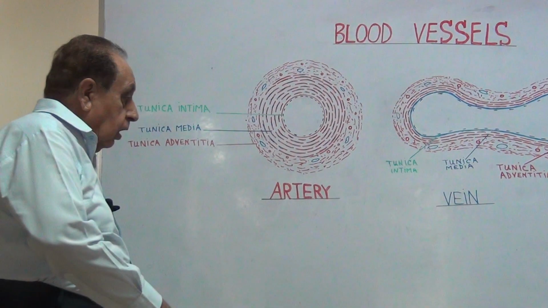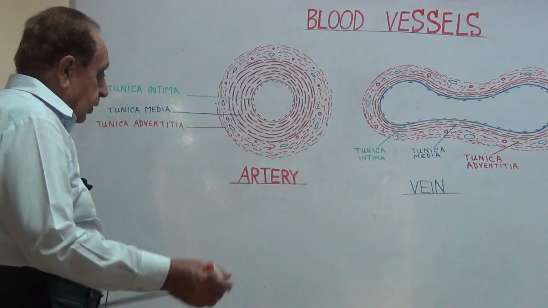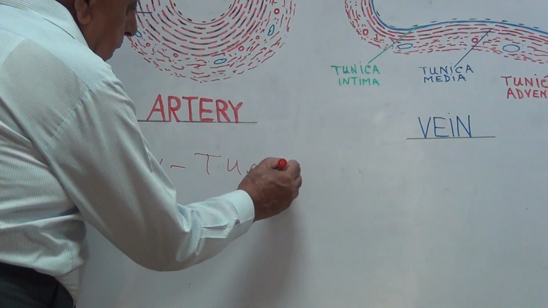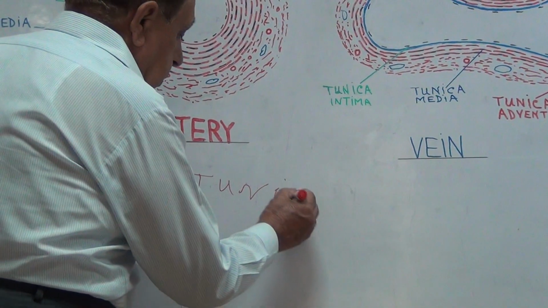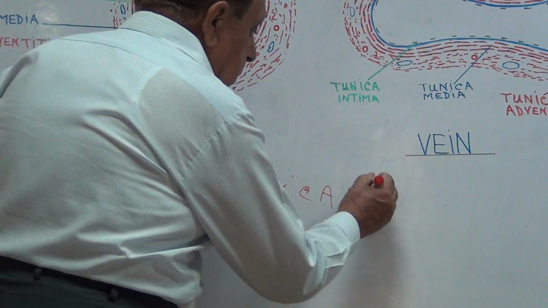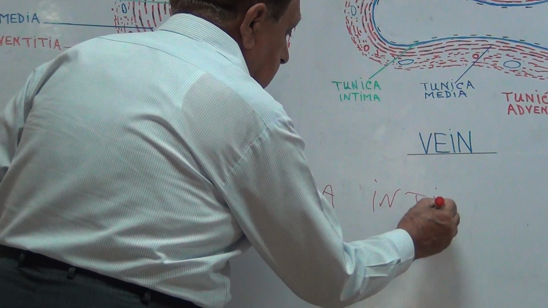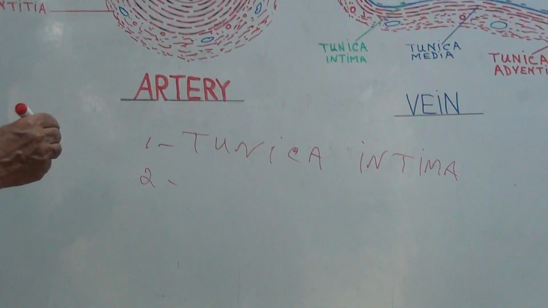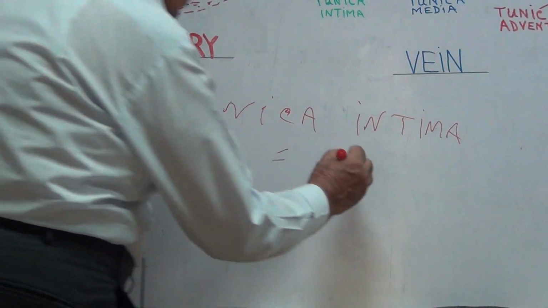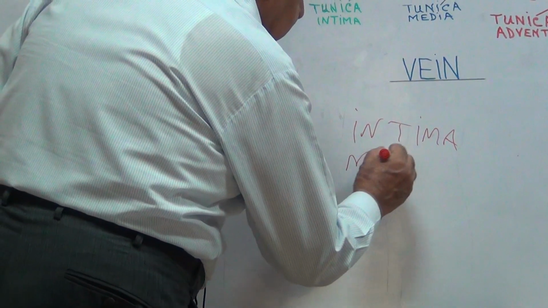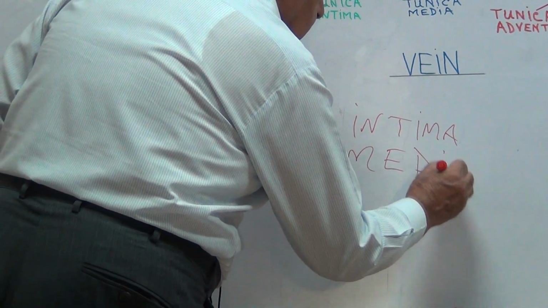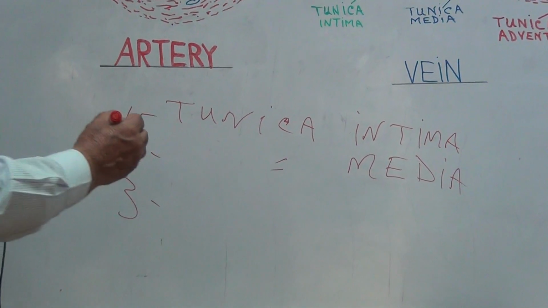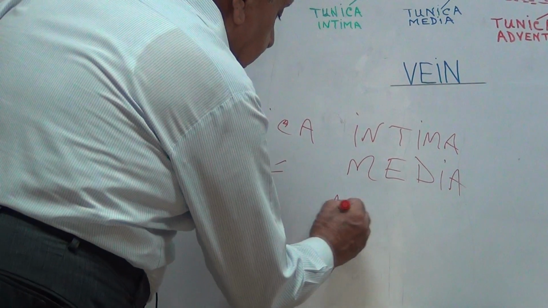They are: the innermost layer, called the tunica intima; the middle layer, called the tunica media, that is the muscular layer; and the outermost one, called the tunica adventitia.